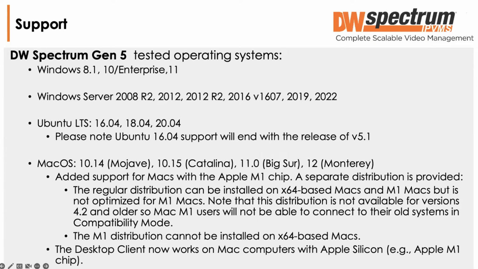I do want to point out that this will be the last release that 16 is going to be supported on. So if you're running Ubuntu 16, you want to make your plans and upgrade to 18 or 20 if you plan on updating to 5.1 when that comes out at the end of Q4, beginning of Q1.